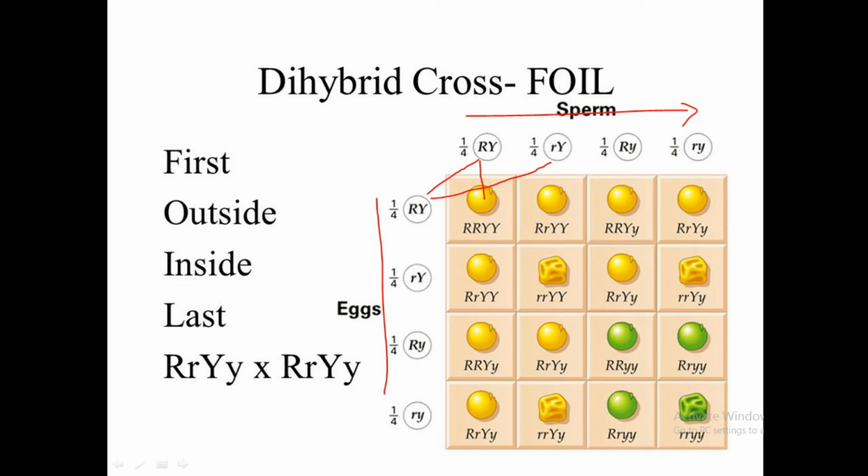Then we have to again multiply this, and after multiplication we have to write it here. Again we have to write it here. Capital R, capital Y, small y. Then again capital R, capital Y, small y. Like this the square goes on. We have to write it here, and then again crossing between these, and we have to write it here. Like this the whole process goes on, and we get the ratio 9:3:3:1.